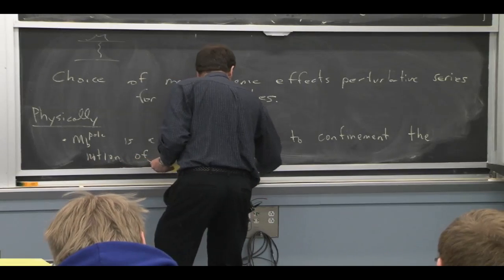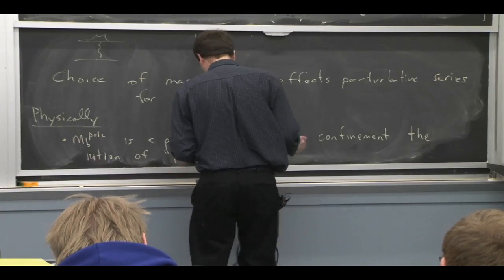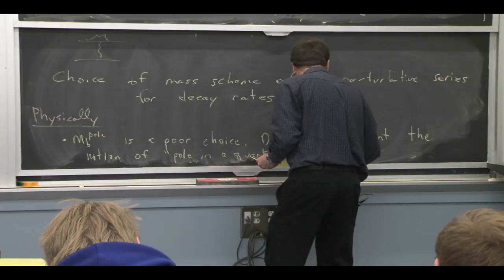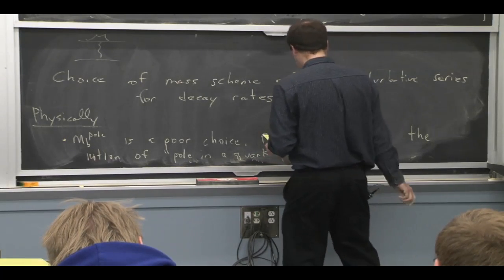So we use this notion of pole in a quark propagator when we're doing perturbation theory, but non-perturbatively it's not a well-defined notion, or at least there don't really exist poles in quark propagators.